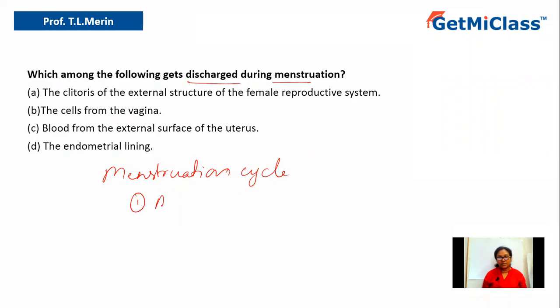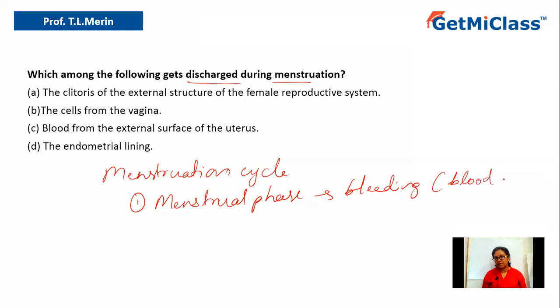First phase is called the menstrual phase itself, during which bleeding occurs. During bleeding, there is discharge of blood and the inner lining of the endometrium, or you can say the removal of the endometrial lining.